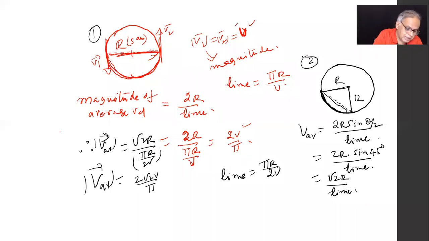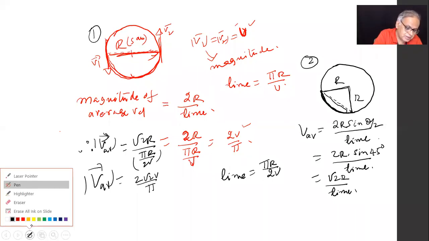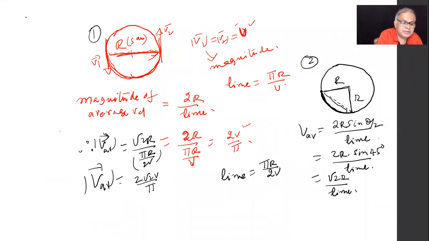Now third one, let us see for 60 degrees. For 60 degrees, children, I would like to write straight away like this: mod of V average equals what? 2r sine 60 by 2. Can I write straight away now?